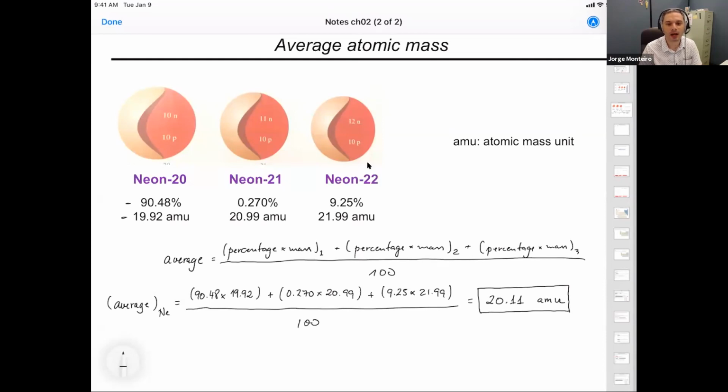Okay, guys. So pay attention here. The sum of all the isotopes that you find in nature, of course, has to always equal 100%, right? So if 1% is missing here, you can figure it out using this concept.